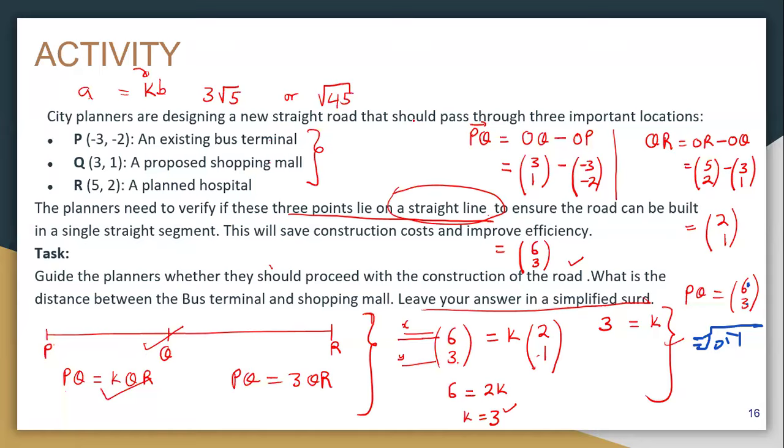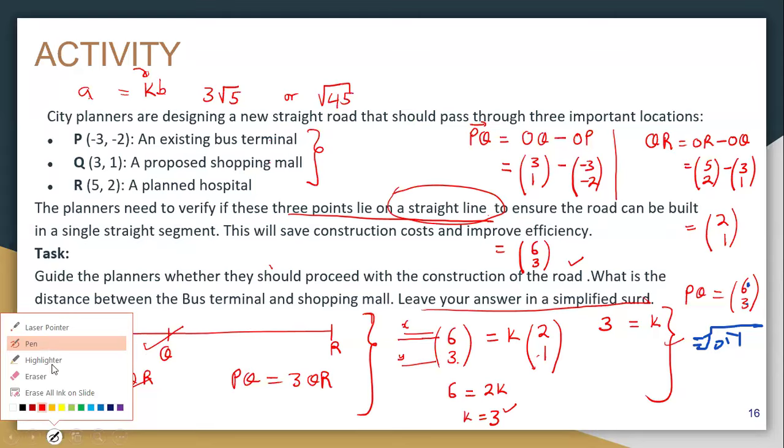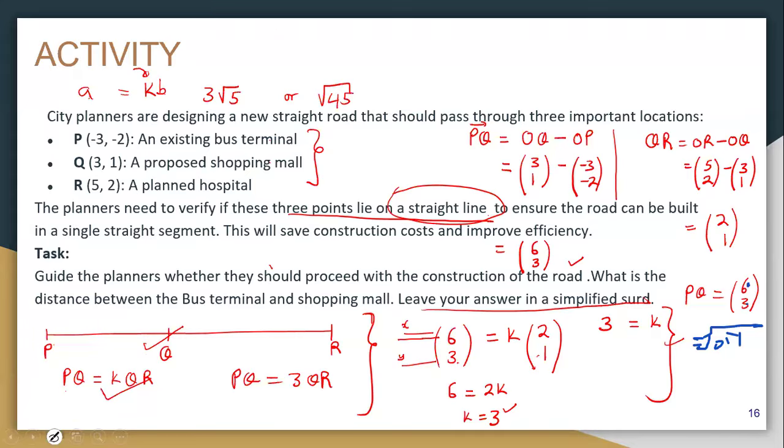Esther, have you gotten how we have obtained 45? Remember, your PQ was 6 3. So you say 6 squared plus 3 squared, which will give us 36 plus 9, which will be 45. And when you simplify, you get 3 root 5.